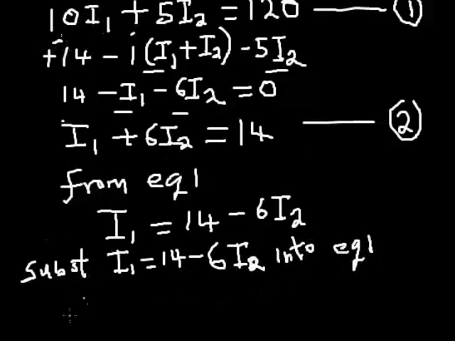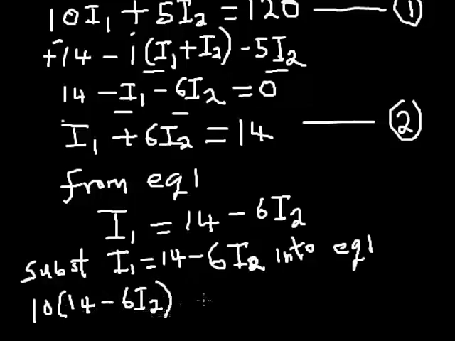So this is my equation 1. That's going to be 10 into open bracket 14 minus 6I2, close, then plus 5I2, it's going to be equal to 120.